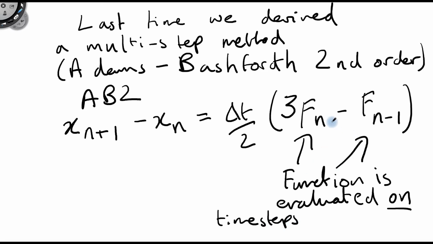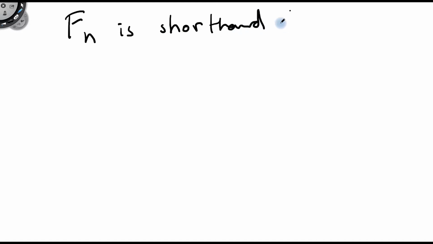Actually, I just want to go into this notation f of n. It's very compact, but actually that means f of x of n and t of n. But why can we do that? Let's just talk about that on one board. So f of n is shorthand for f of x of n and t of n. So why can we do that?